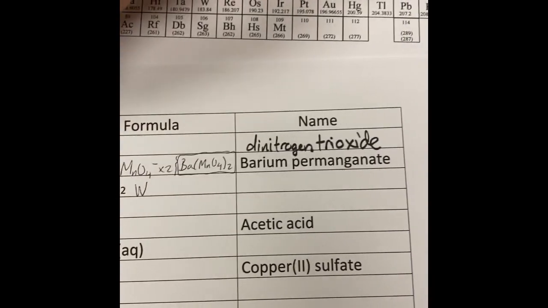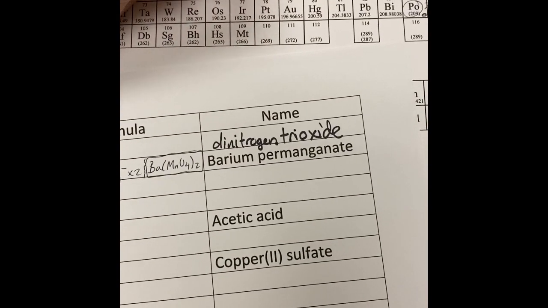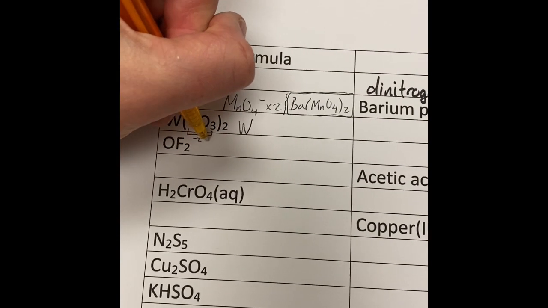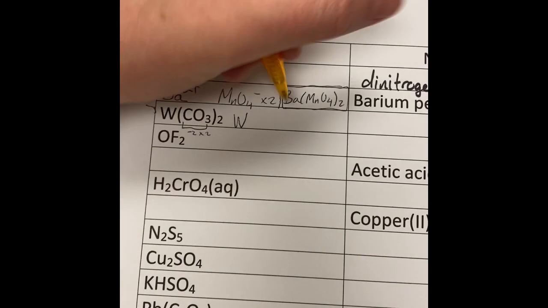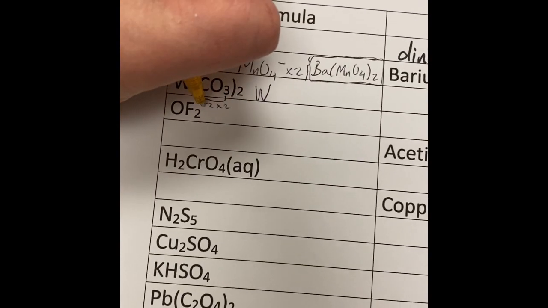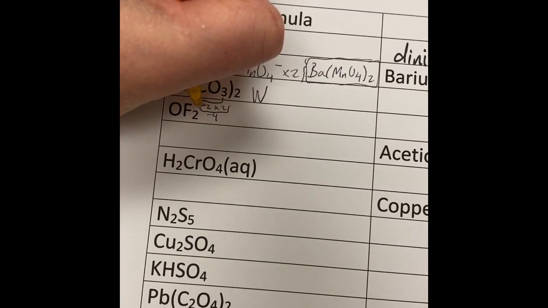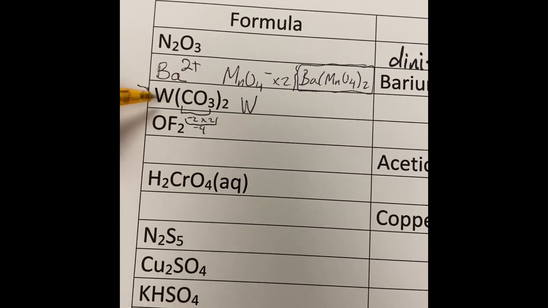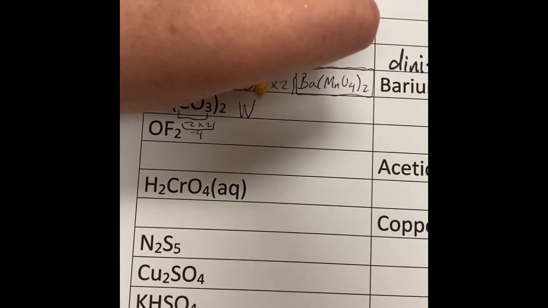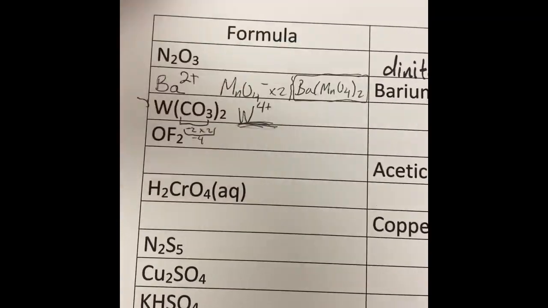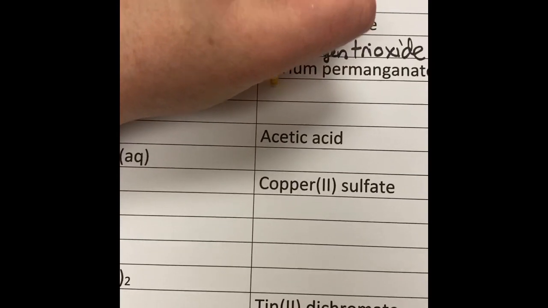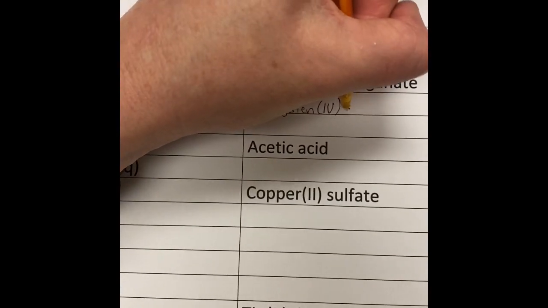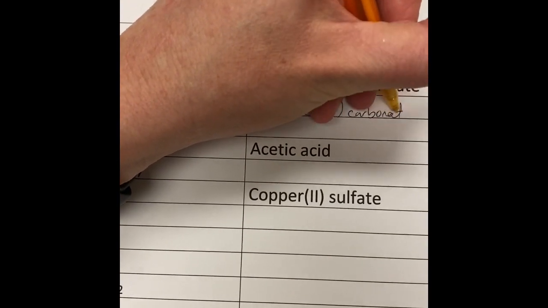Carbonate is CO3 with a 2- charge. So if it's CO3 with a -2 charge, and there's 2 of them, your total from the carbonate is -4. If my total from the carbonate is -4, that means my total from the tungsten has to be +4, and that's why our answer is tungsten 4 carbonate.